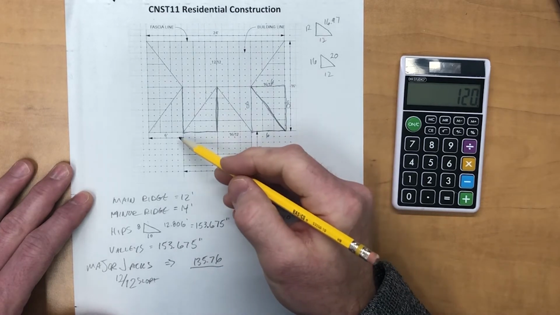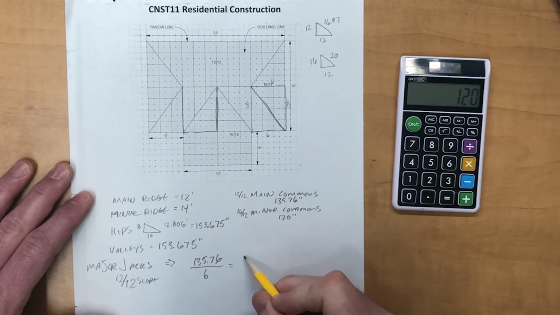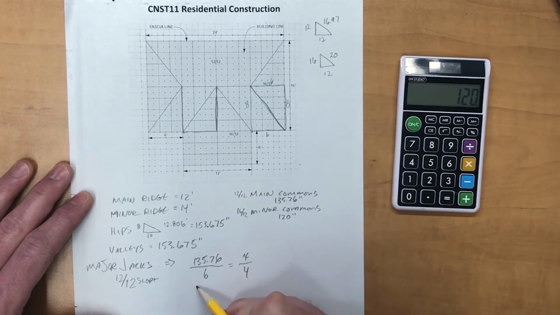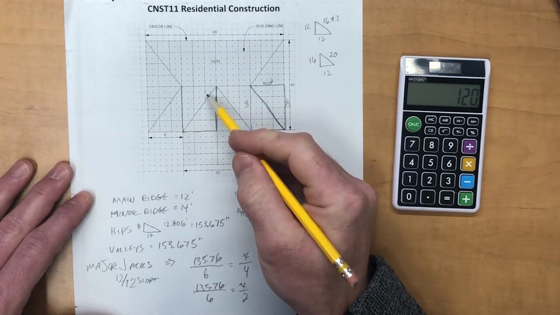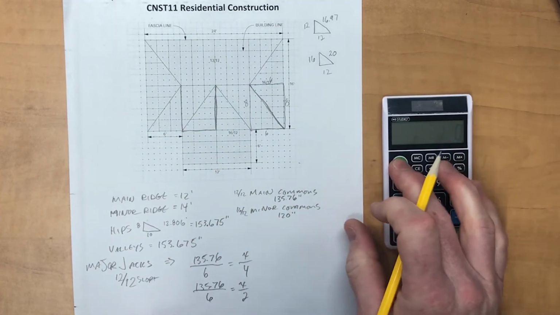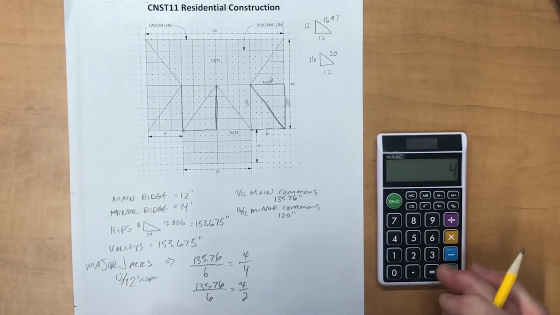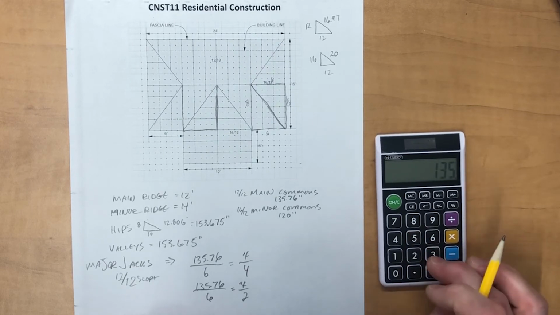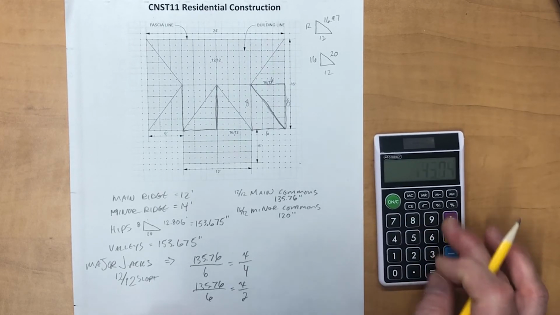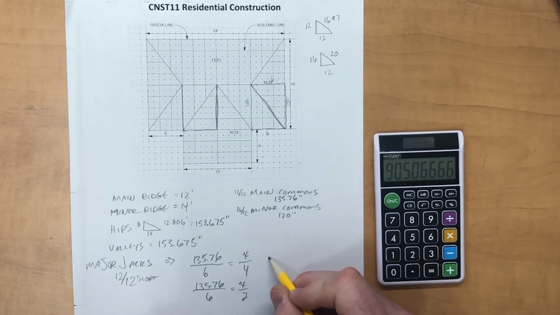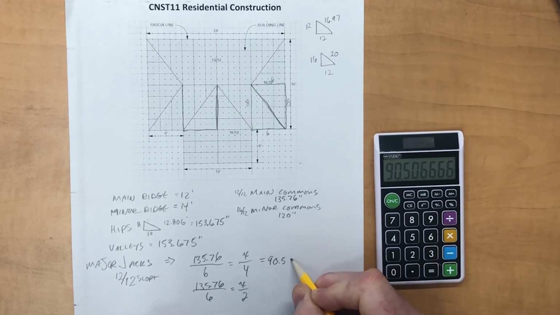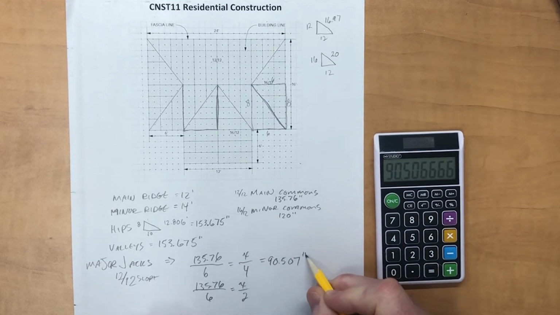That is to 6 feet, as x is to 4 feet. And we'll have to do that same formula again. 135.76 is to 6, as x is to 2 for that one and that one. They're the same. 4 times 135.76 divided by 6. This one here, 90.507 inches.